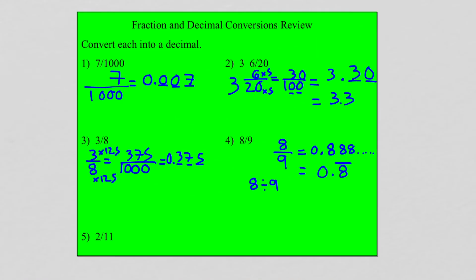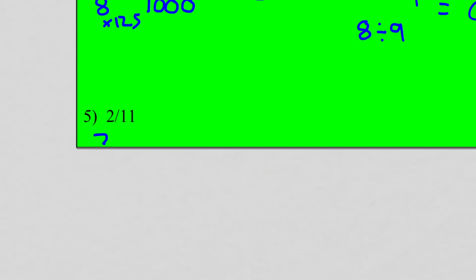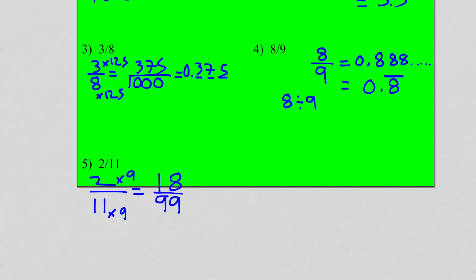And then we took it a step farther and we looked at patterns of 11 that you have to know. Now what we discovered with patterns of 11 is that you can make these fractions out of 99 by times 9 times 9. And you get 18 over 99, which is very similar to up here, right?